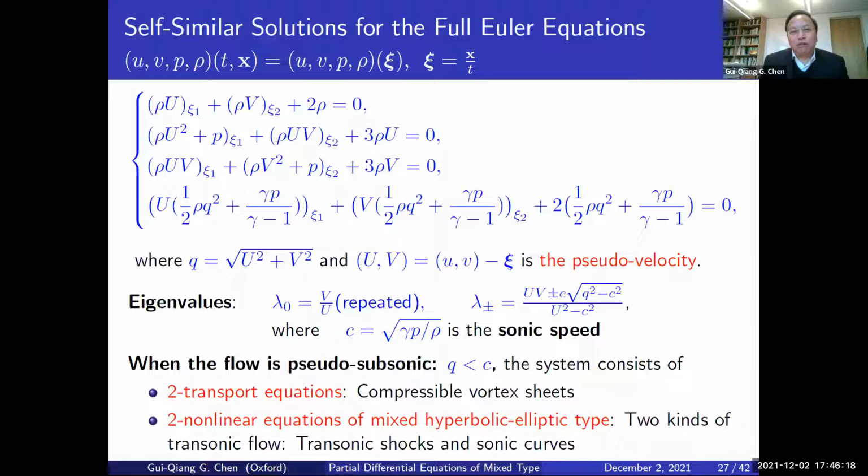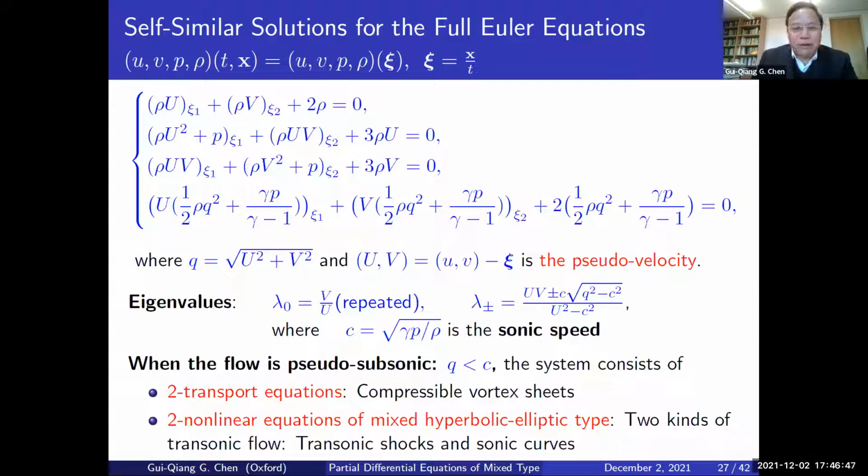This 4x4 system you can decompose into one part, the potential flow equation, coupled with the 2-dimensional incompressible Euler equation. So this is the kind of mixed nonlinear PDE that appears in many places. Okay. So these are several examples, basically 2 examples, showing you the mixed elliptic-hyperbolic type occurring in fluid mechanics.